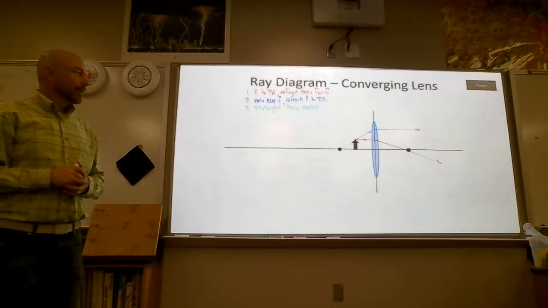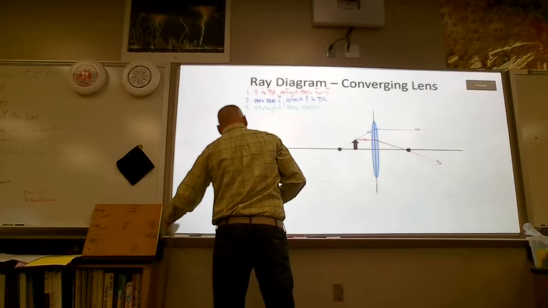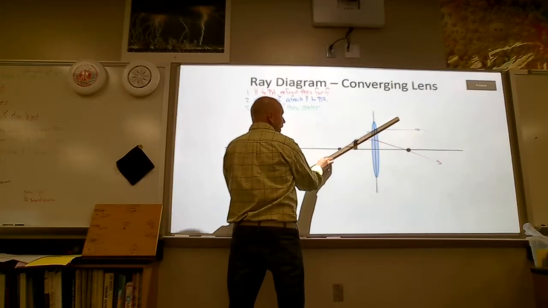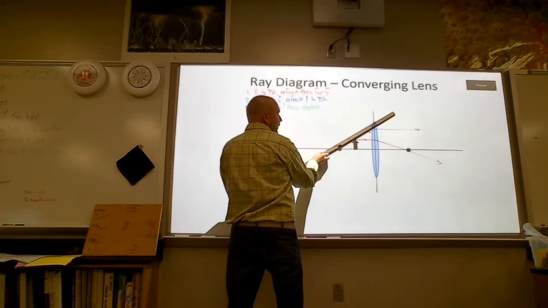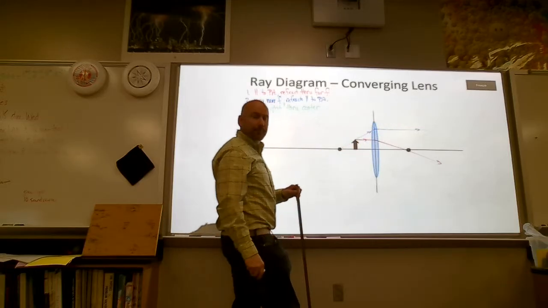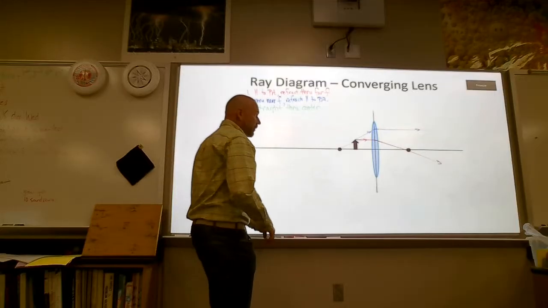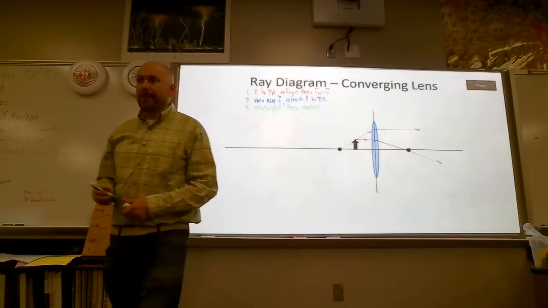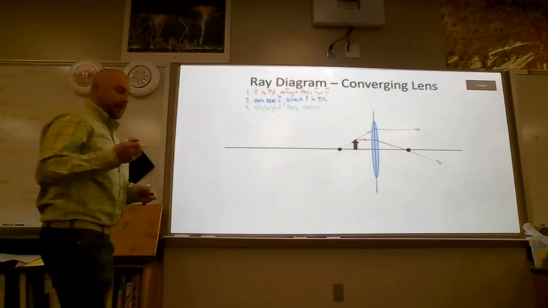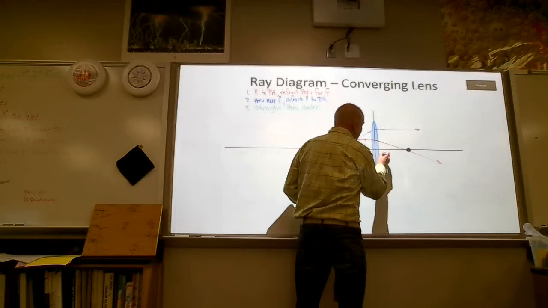If you have a straight edge, you're gonna connect that all the way through. Does that make sense? And then that goes parallel. And then the third ray, straight through the center.